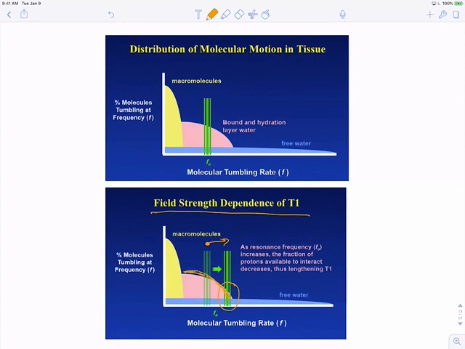Whereas at the lower frequency, there's generally more that are tumbling at the right frequency. And so for the biological tissues we're looking at and the field strengths we typically use in the clinical environment, we do see this increase in T1.